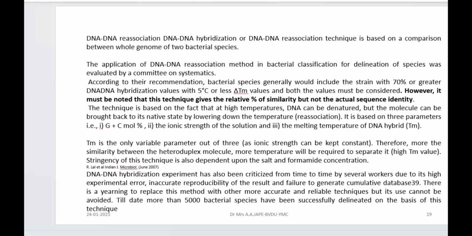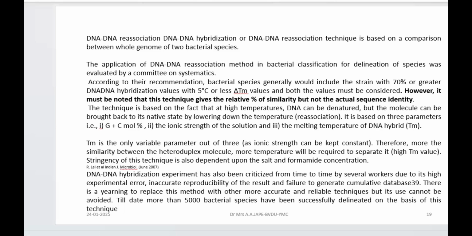All right. So it is quite possible that when you are doing this kind of experiment, buffer concentration may be kept constant. So ionic strength, pH, all these factors can be monitored and maintained. So out of the three factors, one factor is constant, that is ionic strength. What about the TM value, which is going to be a variable parameter?